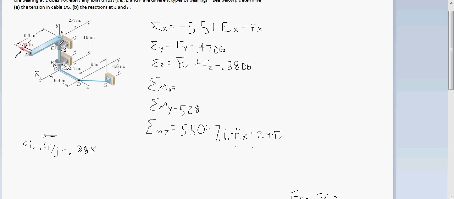And then we're going to have a z force at both of these, so if we translate that, it's going to create a positive moment about the x-axis.